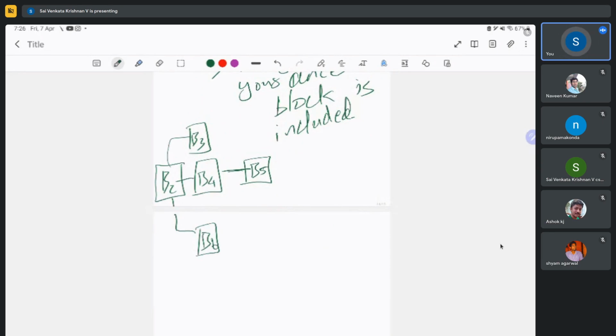And B5, the block which you are proposing, which you are mining, B5's rumor list would include B3 as well as B6.